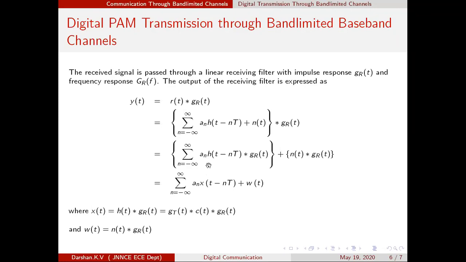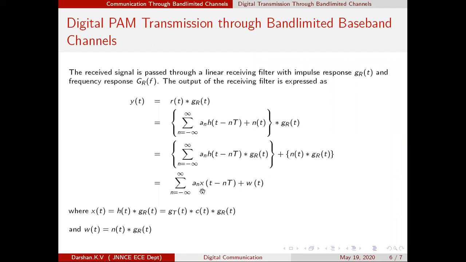Therefore this term, h of t minus nT star g_R of t, you are observing, right? Along with the sigma, the one within the curly brackets would get converted to a term like this: sigma remains the same, a_n, and instead of h convolved with g_R, I am going to write x.